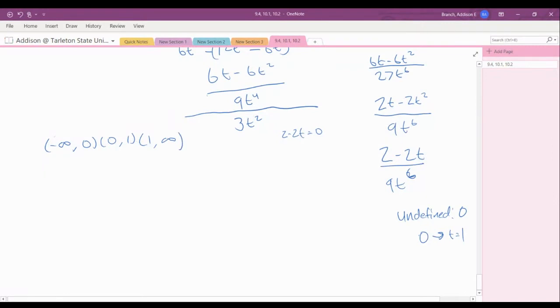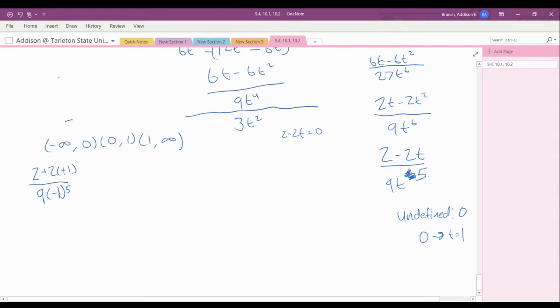All right, so if we plug in -1, we get 2 minus 2 times -1 over 9 times -1 to the fifth. So therefore, we're going to get 2 plus 2 over -9, so that's going to be a negative.